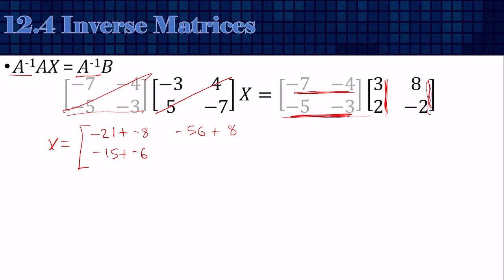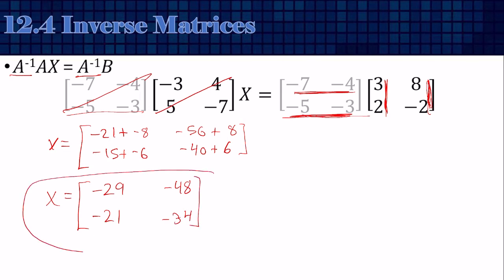And then second row, second column, -5 times 8 plus -3 times -2. Combine those together, we get -29, -48, -21, and -34. And that is our matrix X.